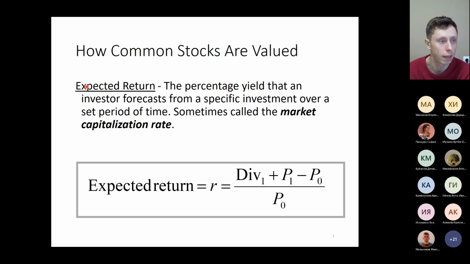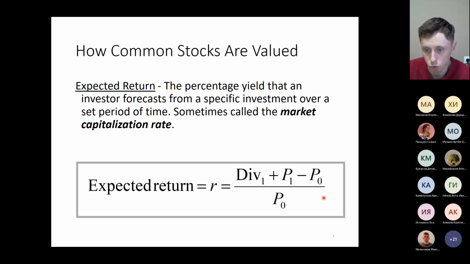And here, again, everything would be based on the present value concept: the cash flows that we expect to receive in the future, and their present value, would represent the market price of the asset, in this case the stock. We start from the return of the stock, how we would determine it.